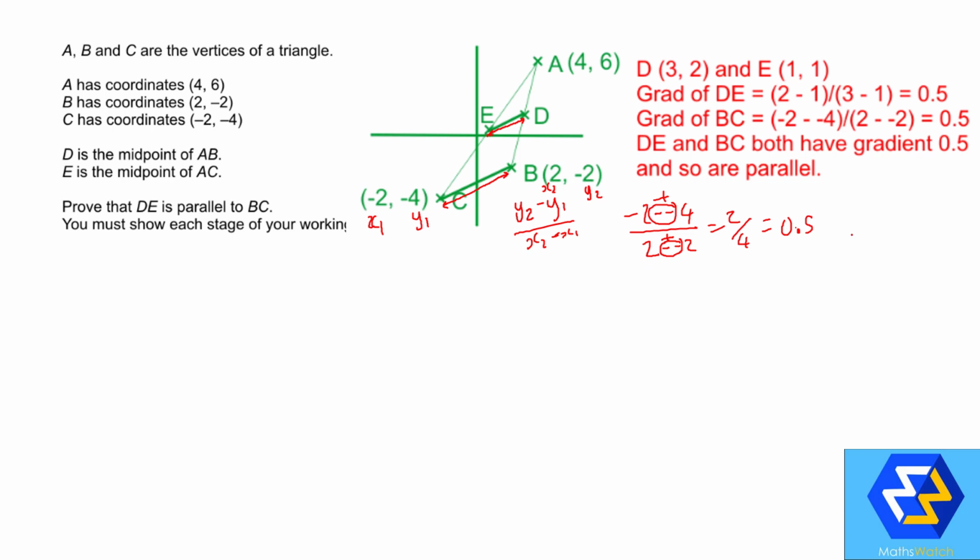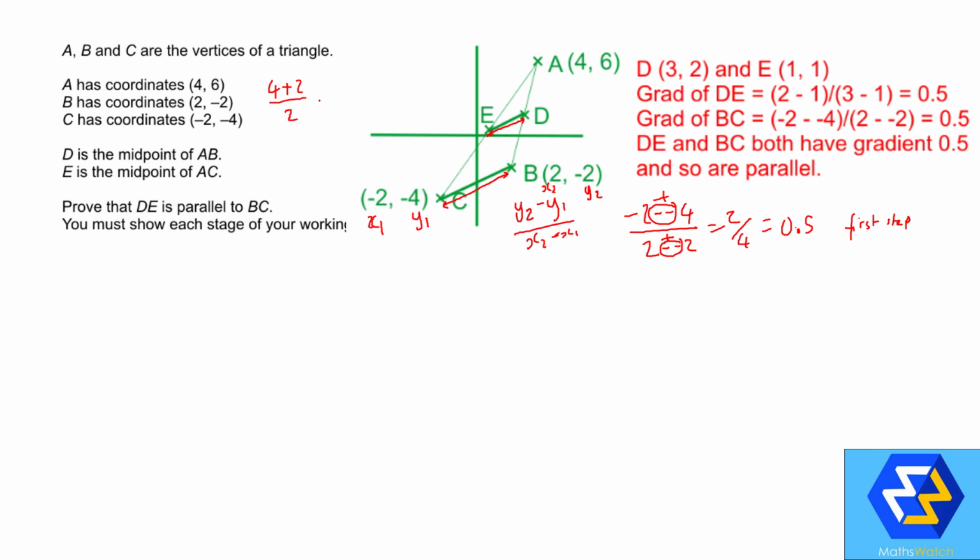That's the first step that I would do. Now this midpoint part, how do you find the midpoint? So the coordinate of D is the midpoint of AB. So you've got to use your midpoint formula, add the two coordinates together. So you've got 4 plus 2 divided by 2.